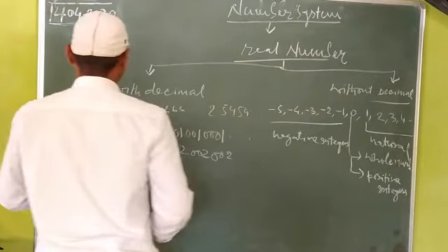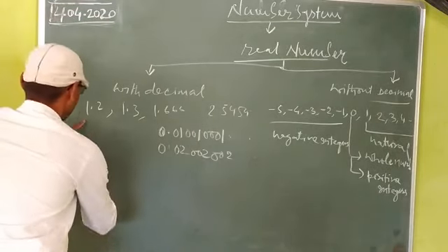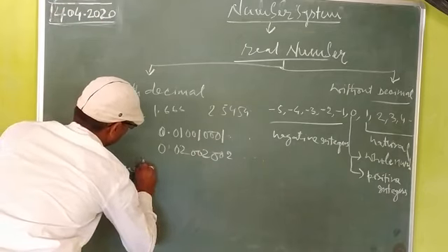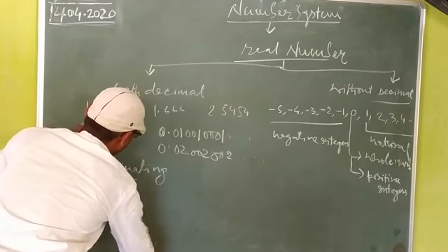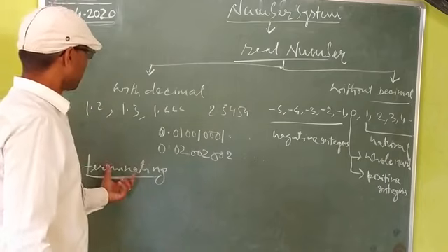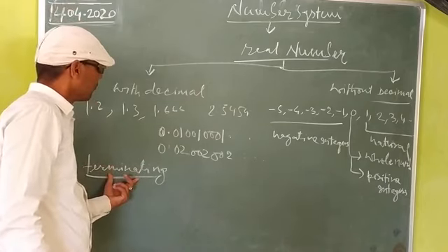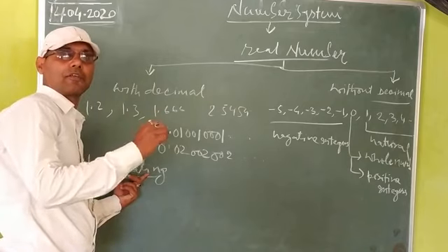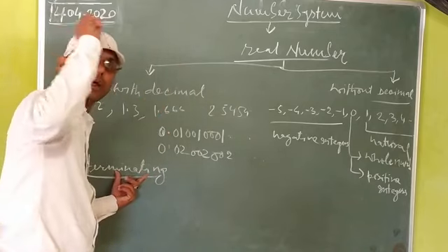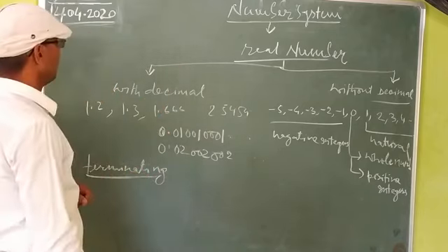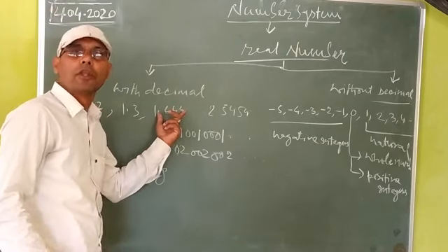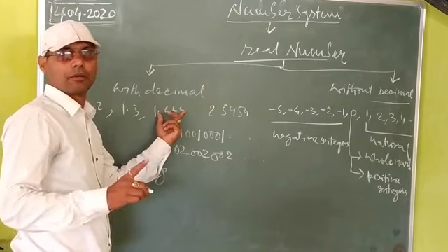First is terminating. Here is the message, terminating. Terminating means it ends: after the decimal, it comes to an end. Non-terminating means repeating, reoccurring.